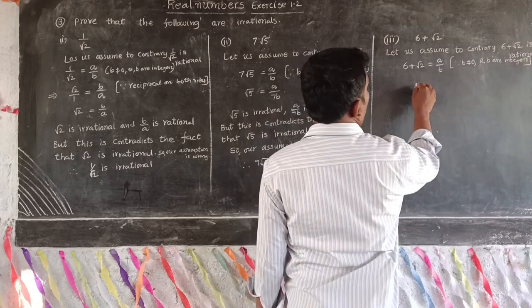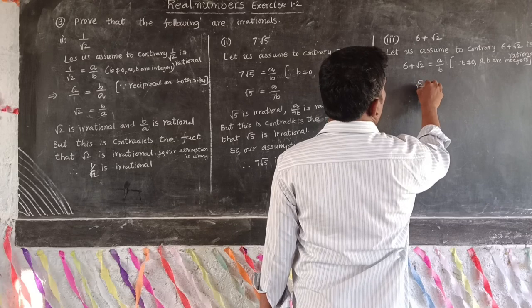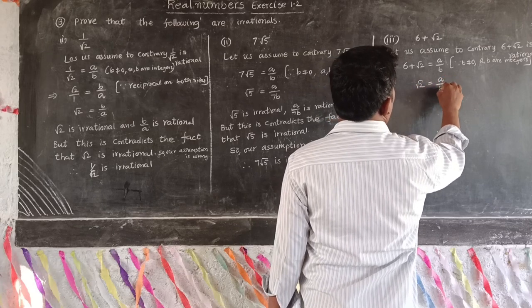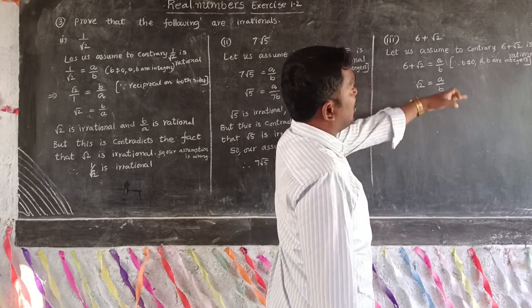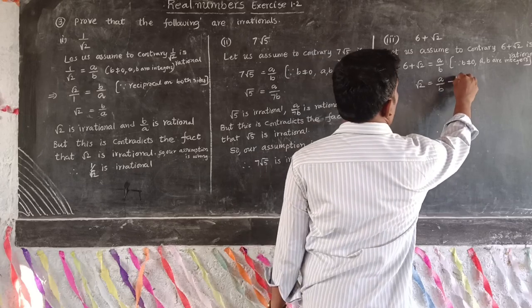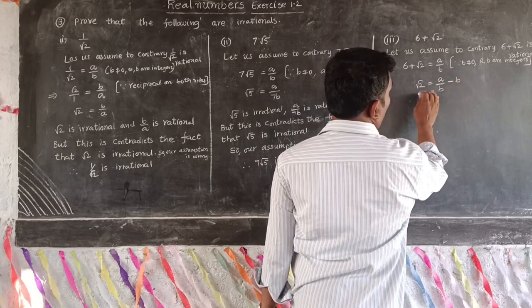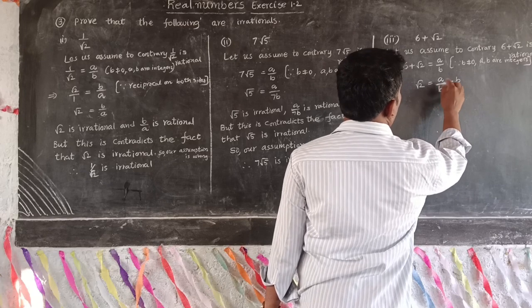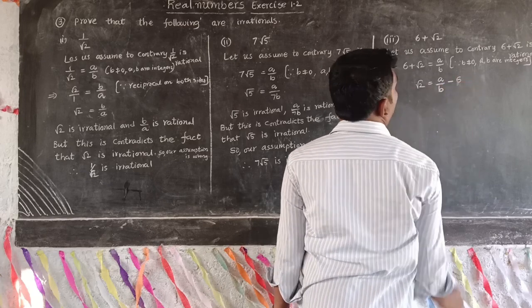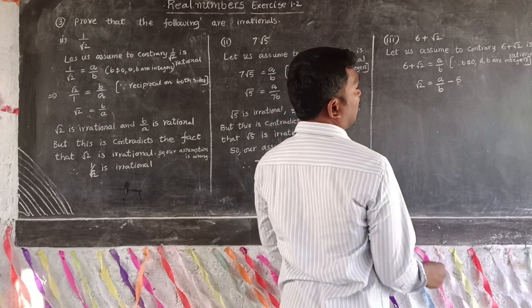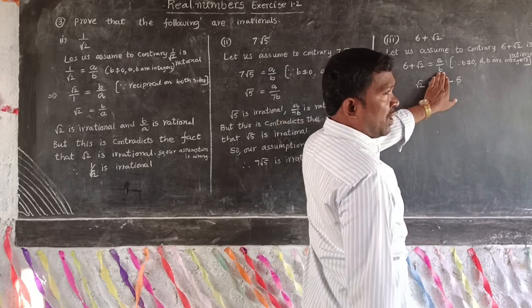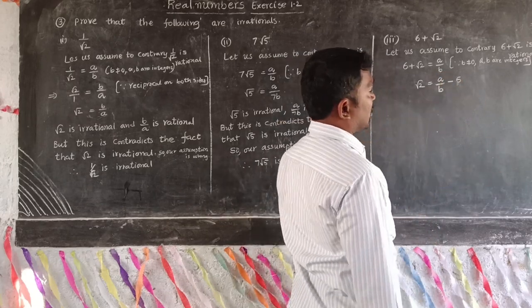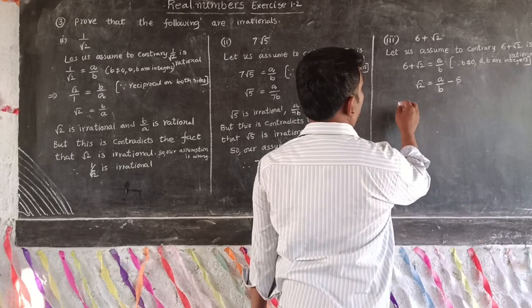Next, root 2 equals a by b minus 6, transposing 6 to the RHS. Rational number minus integer is a rational number.